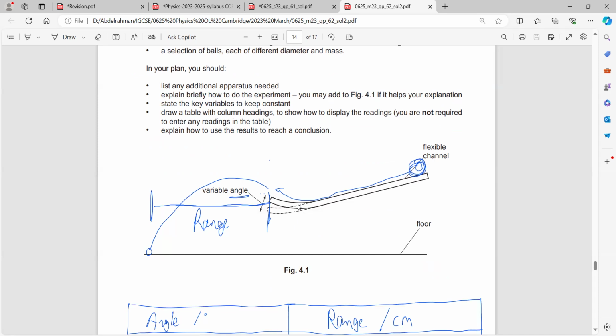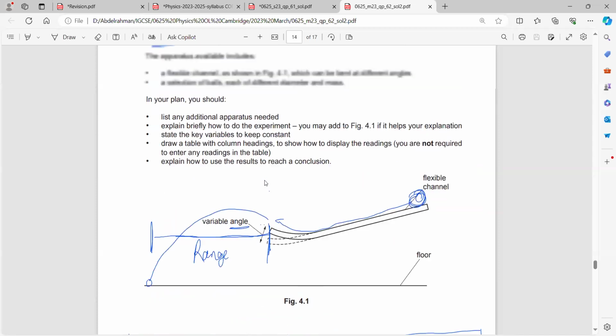So you can increase the angles up to 80 degrees, for example. Still, that would be very difficult for the ball to actually leave the channel. The range of values for any question planning an experiment are the independent variable.